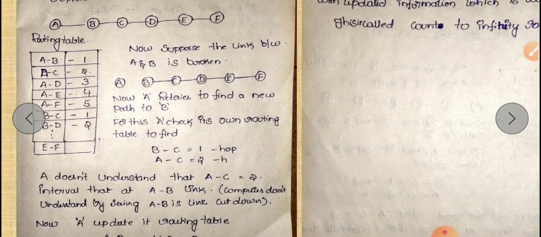Now as per the routing table, B to C hop count is 1, B to D the distance is 2. So like this my routing table was updated based on the adjacent neighbors of each router.